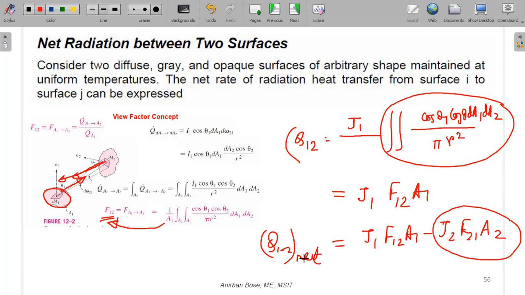So this minus this is the net coming from 1 to 2, and from the reciprocity relation these two are the same, so it becomes A1 F12 into (J1 minus J2). So between two surfaces, this is the net radiation heat exchange from 1 to 2.